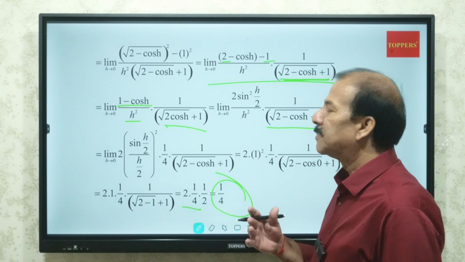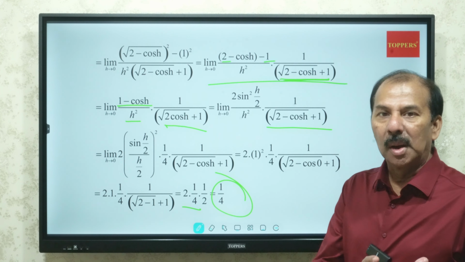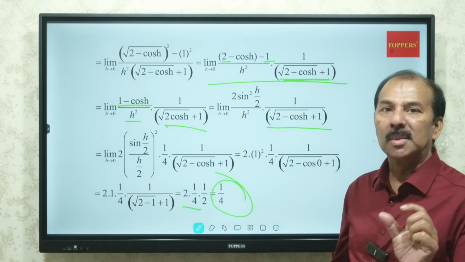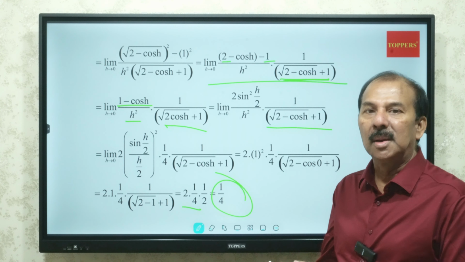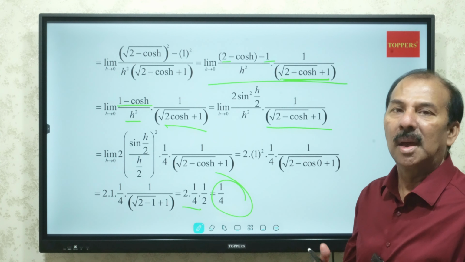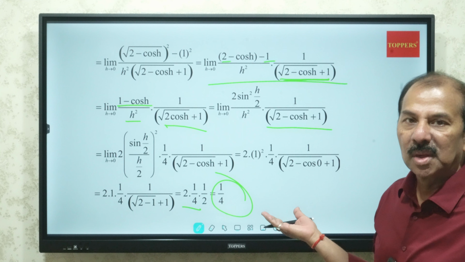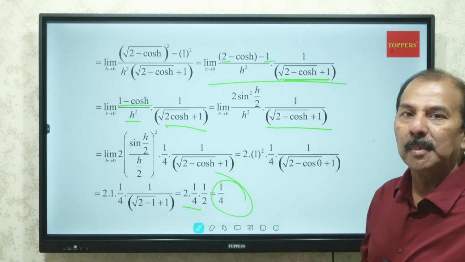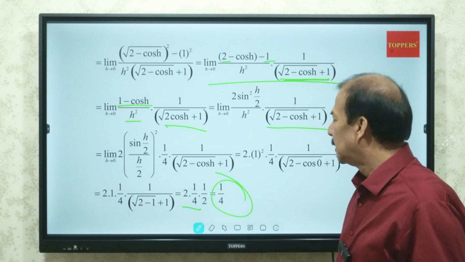These are the clues you should always keep in mind: what is the standard format, and what substitutions do I need to do so that the problem gets converted into the standard format. Once you have these things in mind, any type of question, whether easy or tough, becomes a simple question.